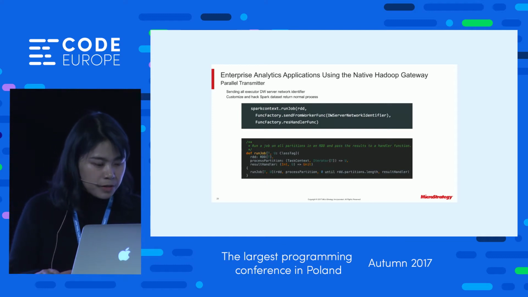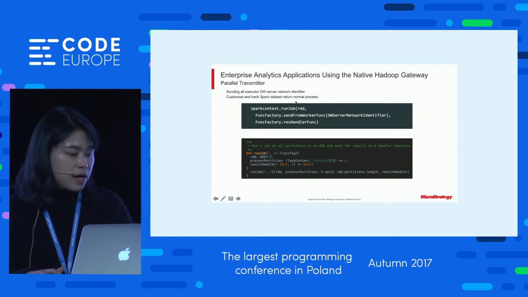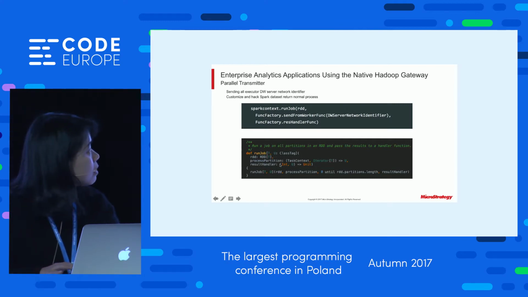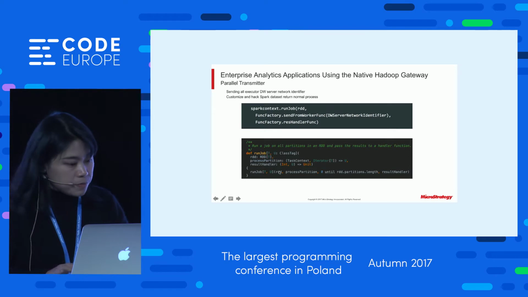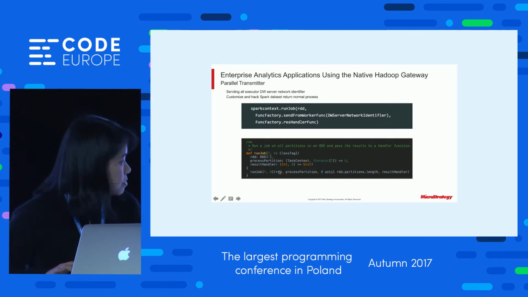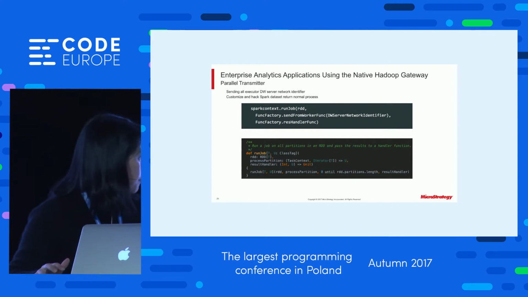Then I'm going to show you a little bit of code, how we implement the parallel transmitters on the executors. As you can see, this is what Spark context provides. There's the interface here, runJob.